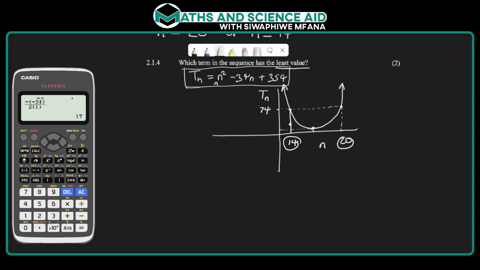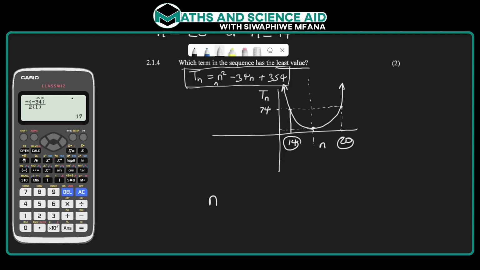That would be by finding the midpoint between 14 and 20, because the turning point lies on the line of symmetry of your parabola. So if we find the midpoint between 14 and 20, it should give us the turning point of our parabola.